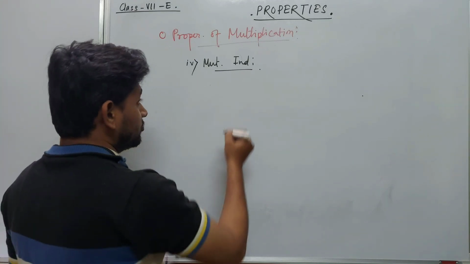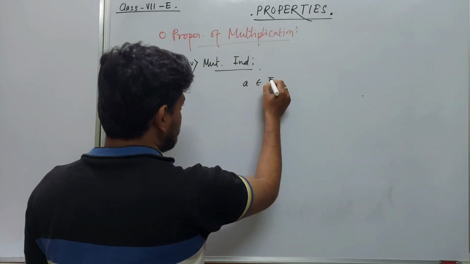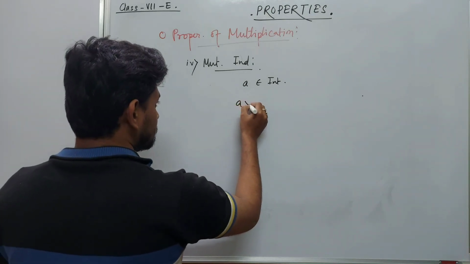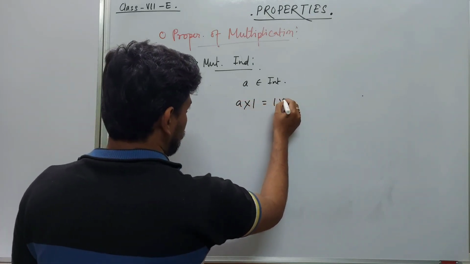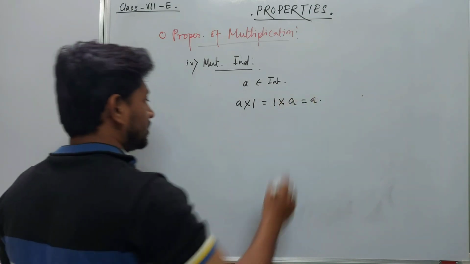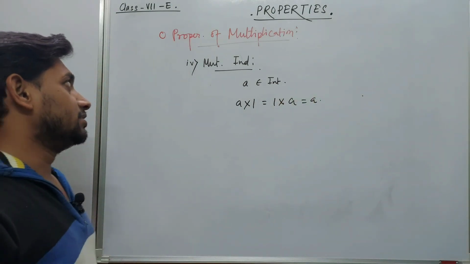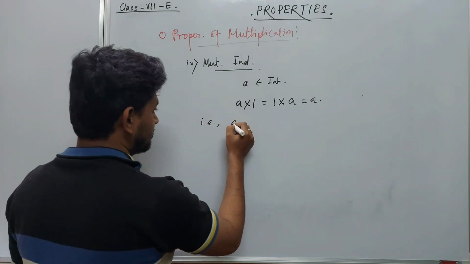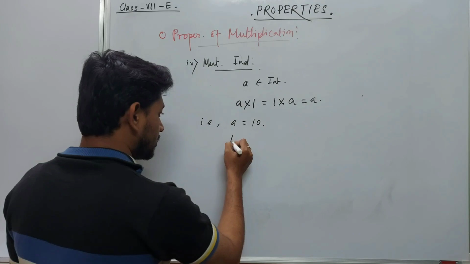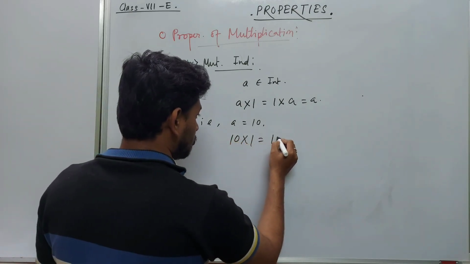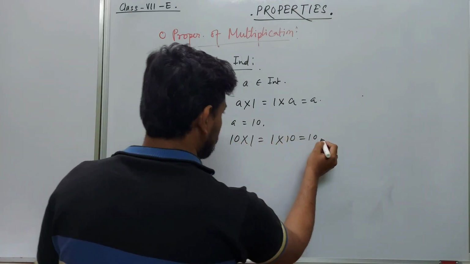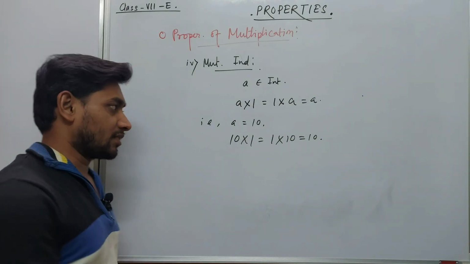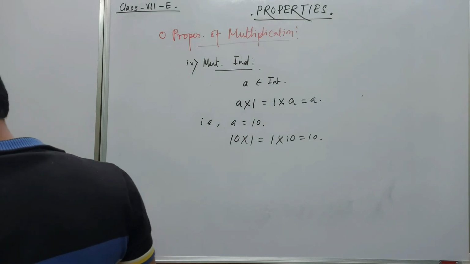If we take A belonging to integers, that is A is any integer, then A into 1 equal to 1 into A equal to A. For example, let A equal to 10, then 10 into 1 equal to 1 into 10 equal to 10. That is, 1 is the multiplicative identity.